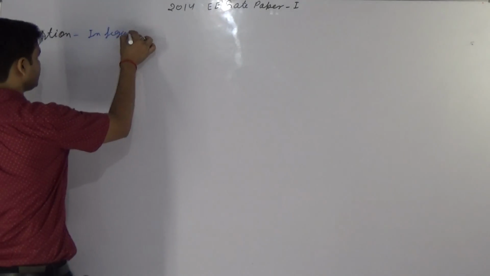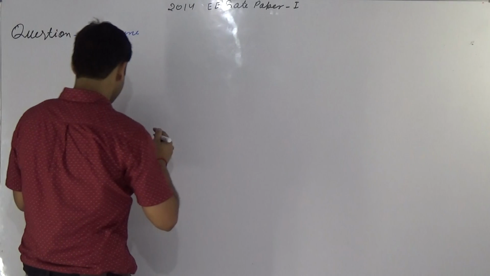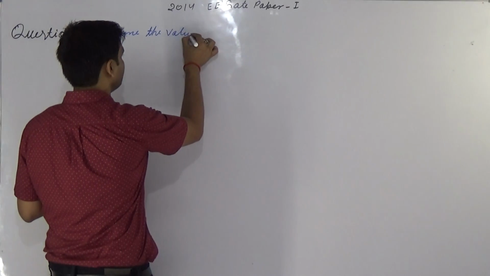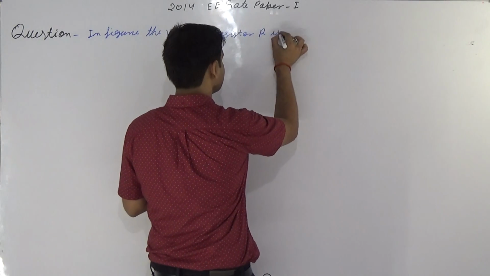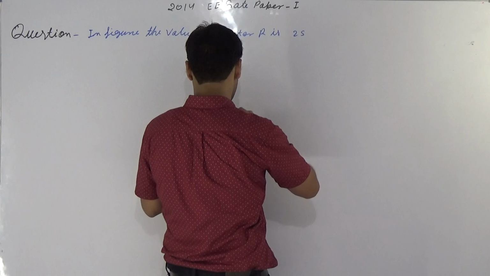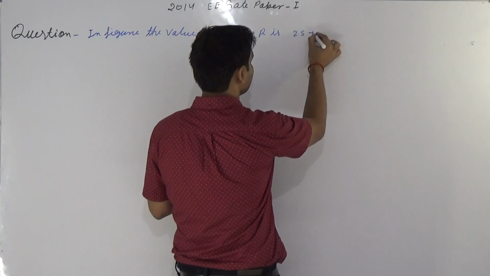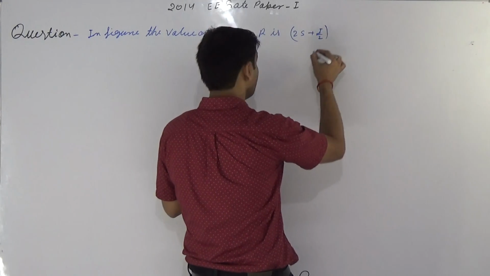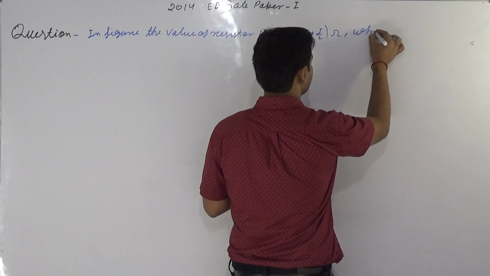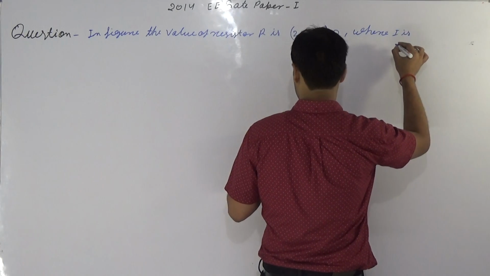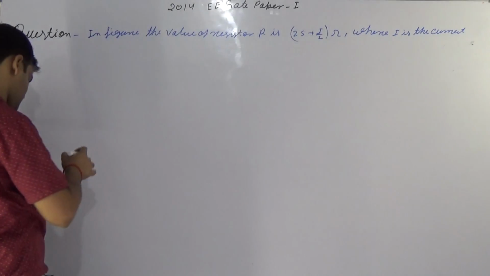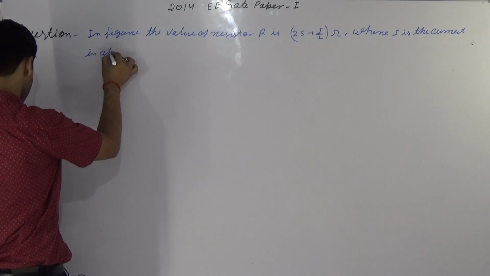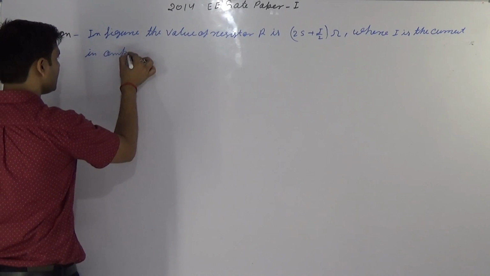In the figure, the value of the resistor R is 25 plus I by 2 ohm, where I is the current in amperes.